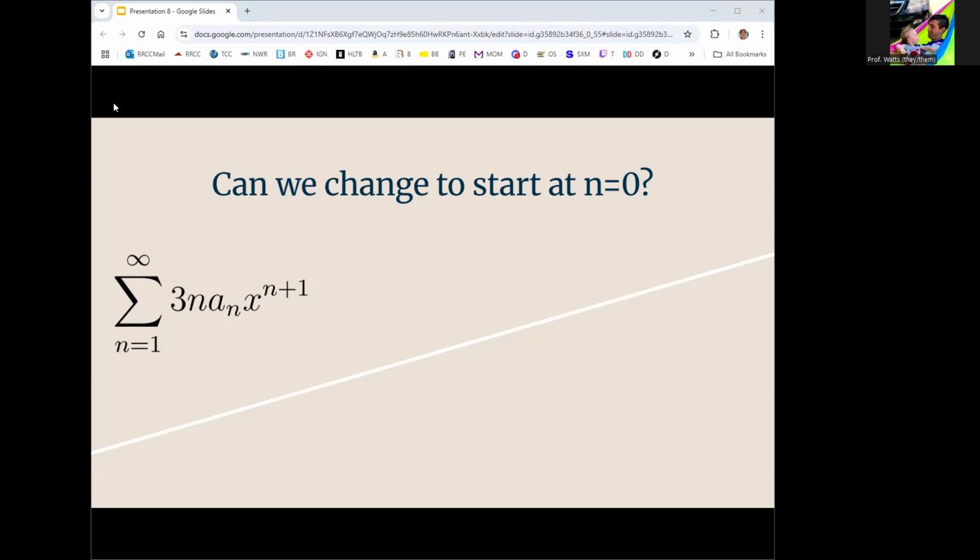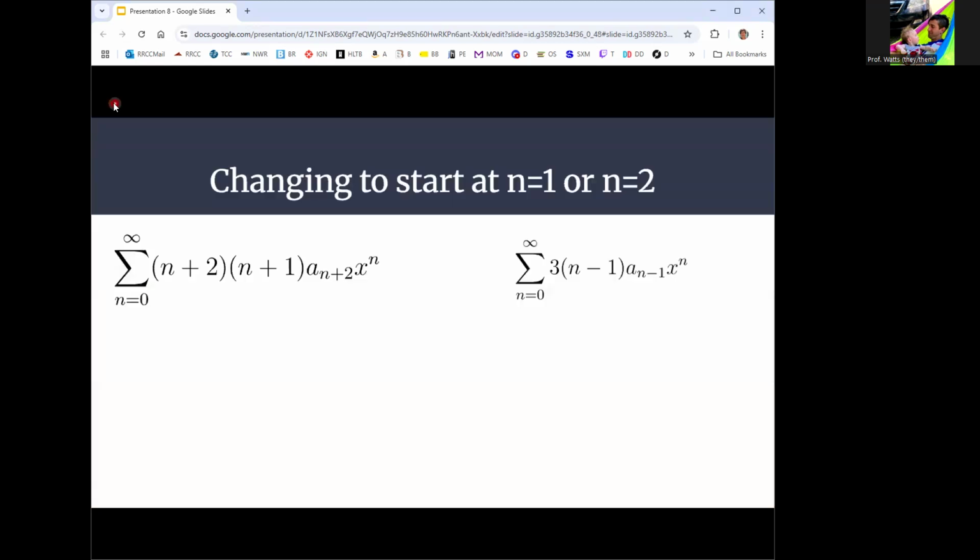All right, last thing we want to do is change the ones that start at 0 to start at 1 or 2. And again, sometimes they're equivalent, sometimes they're not. We can always do this, but it sometimes involves taking some terms out. And so what we do is we just expand the sum. Let's just look at this one on the left here first.